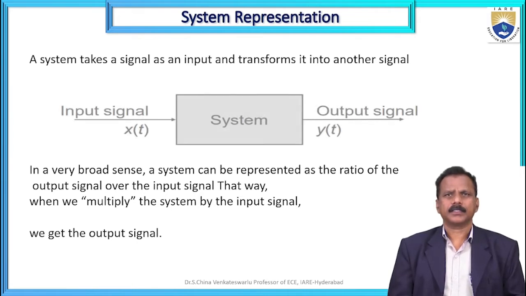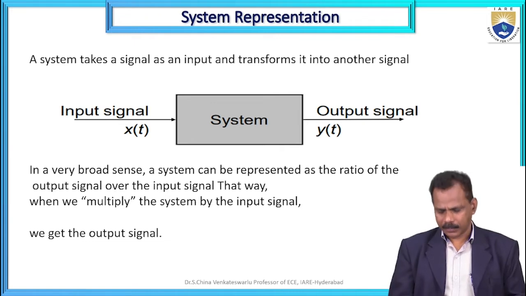Using this block diagram, or schematic diagram, of the system representation: the input signal is x of t and the output signal is y of t. The input signal may be x of t or x of n. This x of n or x of t goes to the system. A lot of systems are available; according to our view, around 6 systems.